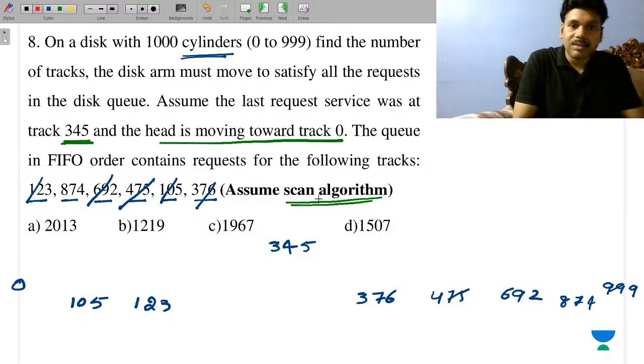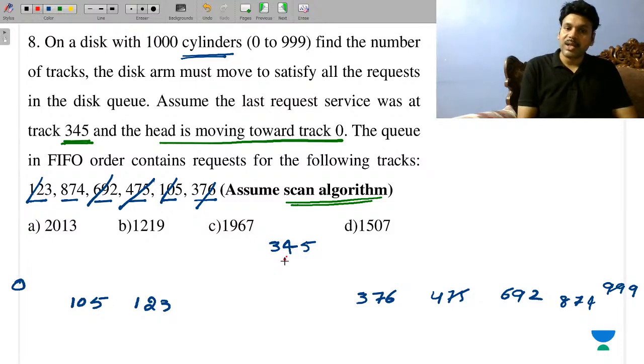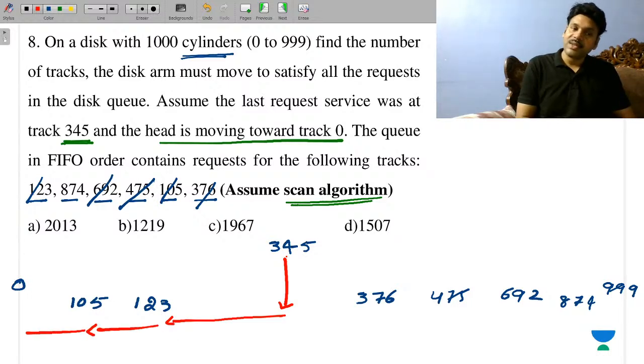Now you see the scan is moving towards the left-hand side. So it satisfies 123, then it satisfies 105. It touches the leftmost, the starting cylinder or track number. After that, it is traversing the other side. So the head has changed its direction.